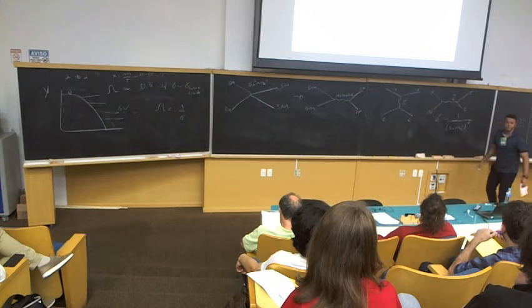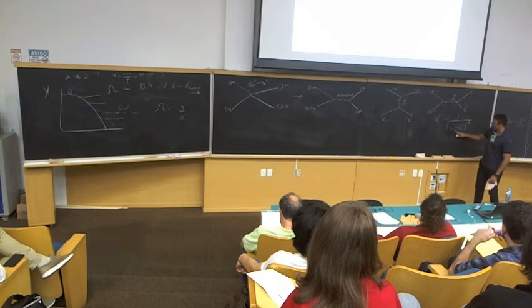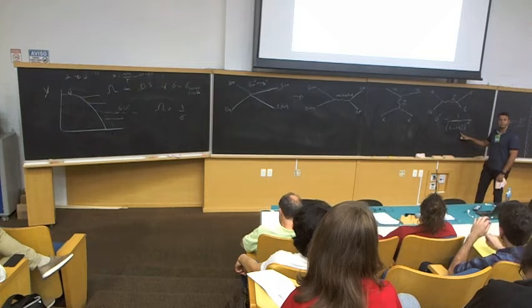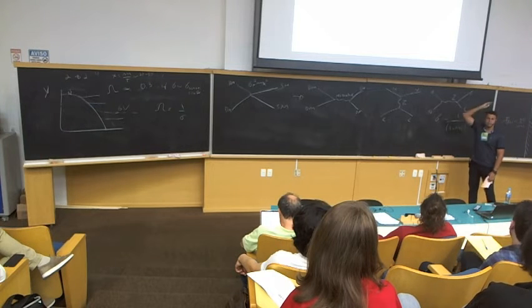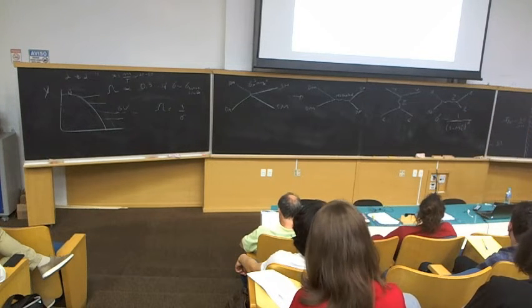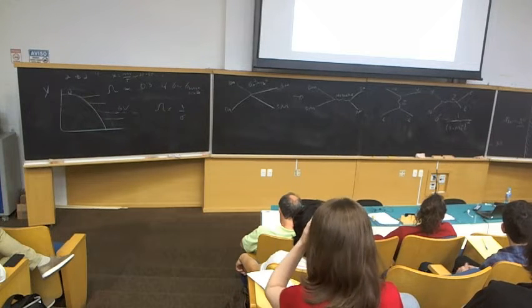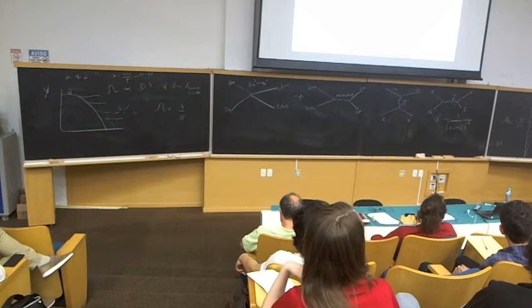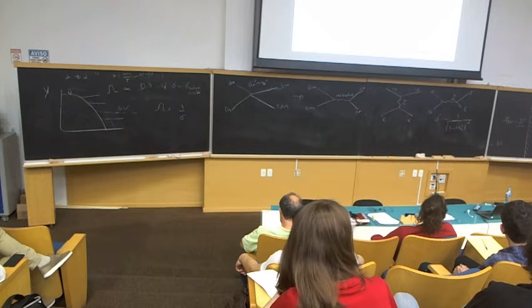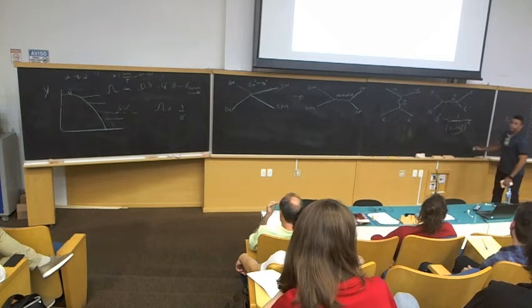S is related to the center of mass. If the center of mass happens to be equal to the Z mass, this thing goes to 0, so sigma explodes. That's what I'm saying. And what is S? S is related to the dark matter mass, the center of mass energy. So if I pick the mass of dark matter particles such that this thing goes to 0, this thing explodes.